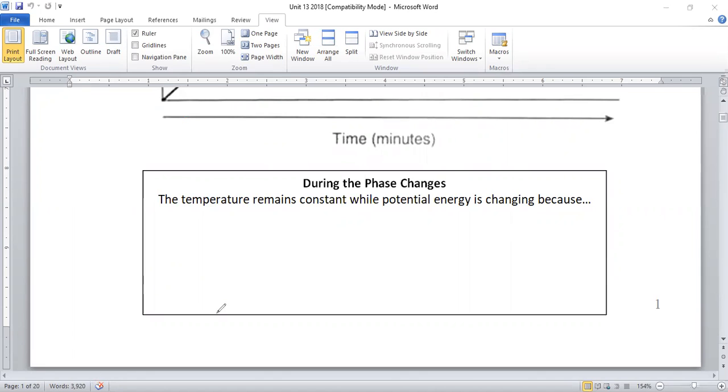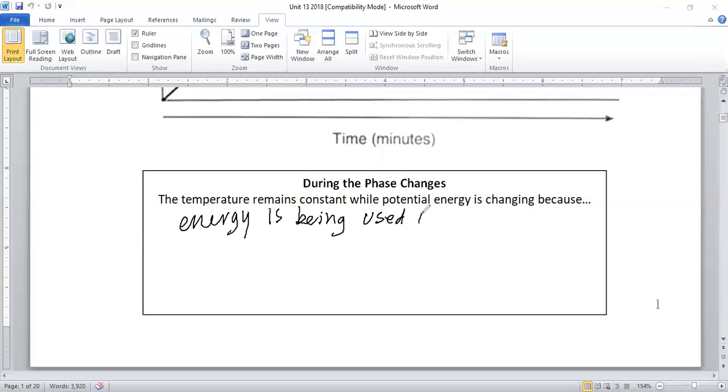Okay. So during a phase change, the temperature remains constant. So we're talking about the flat lines, while potential energy is changing. And that is because energy is being used to change the phase.